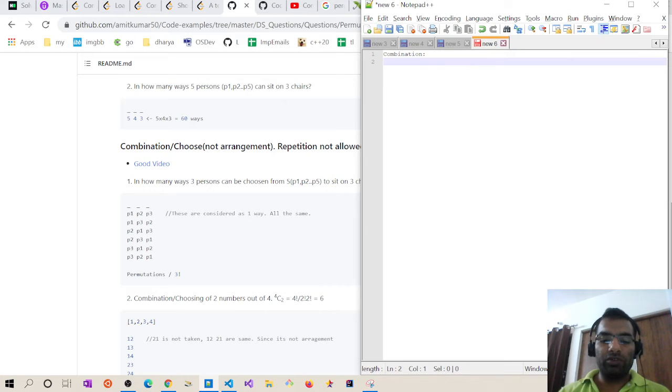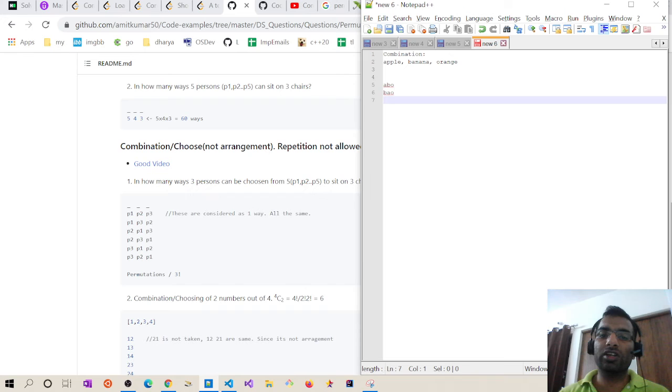For example, we have three fruits: apple, banana, and maybe orange. In a party, what is the combination in which we can choose the three fruits? We can choose apple, banana, orange, or we can choose banana, apple, orange, and all the six ways we can arrange these fruits.